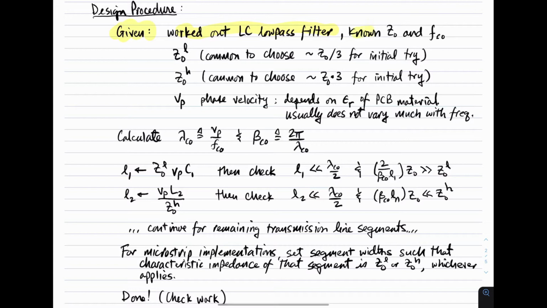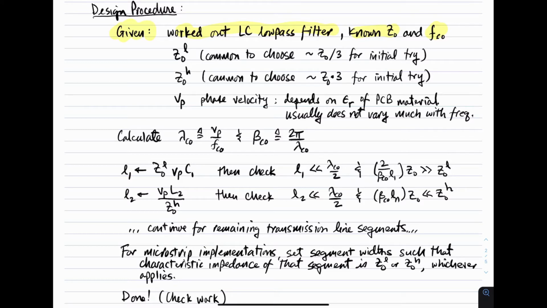It's got a known input-output impedance, and we're going to call that Z0, and that's also going to be the characteristic impedance of the transmission line at the input and output of the final design. And we're going to know its cutoff frequency. If you don't know how to design such a filter, there's a video, I will link to that from the description, which explains how to design such filters.